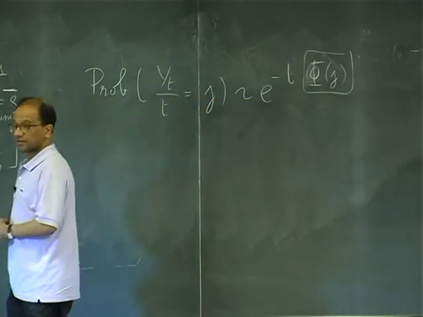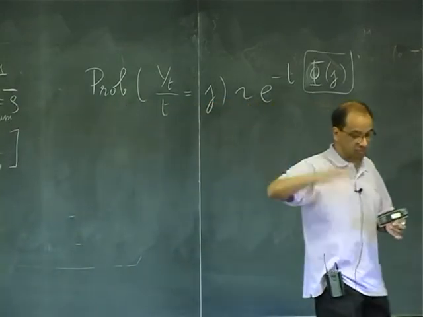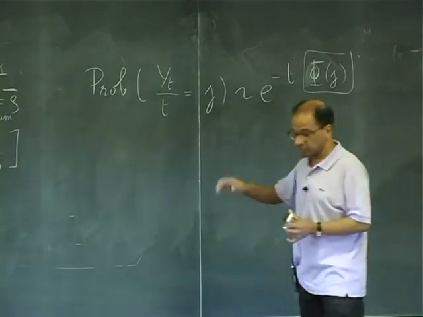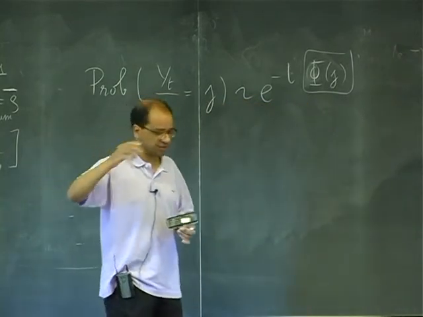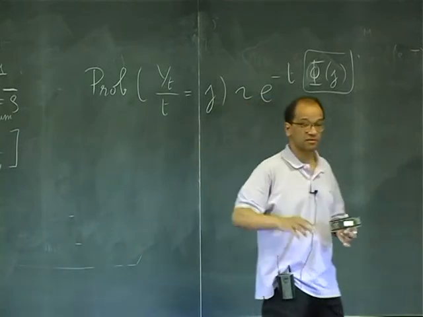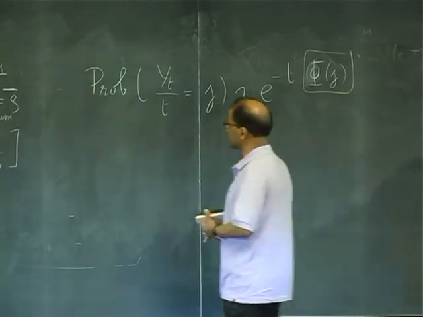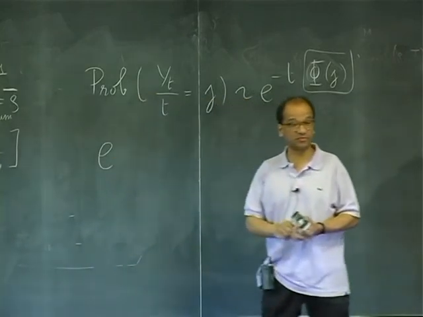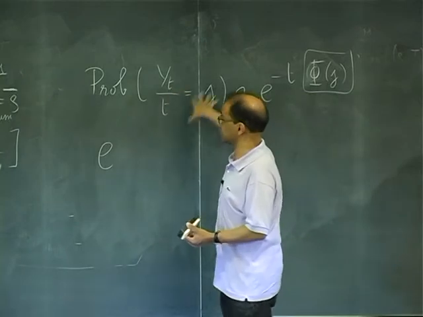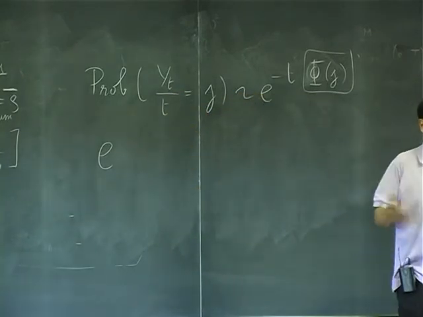So yesterday, by the end of his lecture, Shumik Das told you about these perturbative expansions, and he told you about some cumulant generating function, and somebody asked him about one particle irreducible diagrams and so on. I'm not going to talk about diagrams, but I'm going to use the same language of cumulant generating function. You see, this is something which characterizes the probability distribution of yt over t.